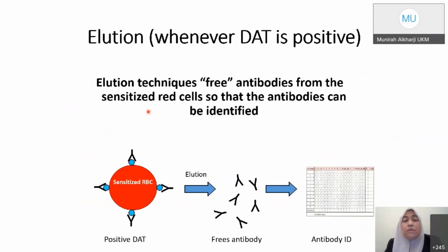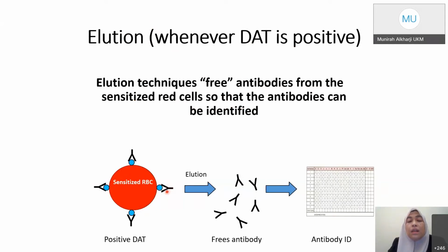So now I will explain what elution testing looks like. Elution usually we do whenever DAT is positive. Elution technique means that we free the antibodies from the sensitized red cell so that the antibodies can be identified. Usually, if the patient was recently transfused, the antibody will be attached on the red cells.